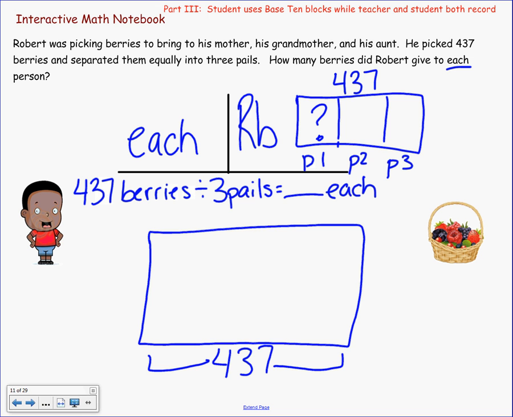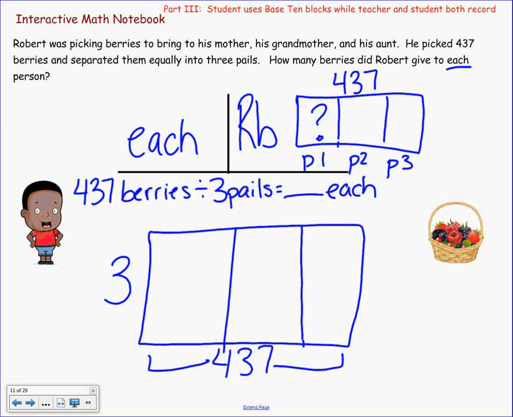It's a 3-digit number, so I should have 3 sections, my hundreds, my tens, and my ones. You'll notice that I try to make the hundreds bigger than the tens and then the ones. Doesn't always work because I'm messy on the smart boards. My dividend, I'm sorry, my divisor goes on the side, the 3. That's how many groups I have.